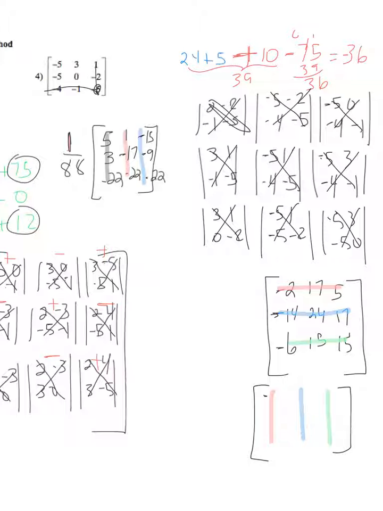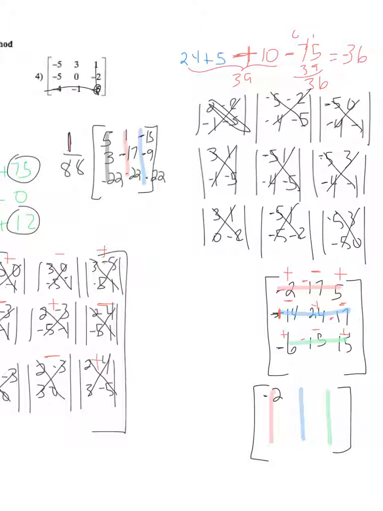So I've got a -2. Oops, I forgot to do the positive, negative thing. So this will be positive, that will be fine. This one gets negated though, so it's going to be -17. Positive, this one will be negative, so it'll be +14. Positive, this is going to be a -17. Positive, negative, that's going to make that a -15.